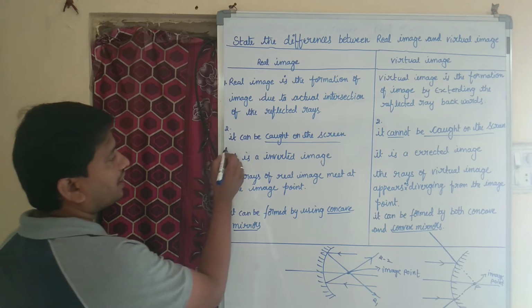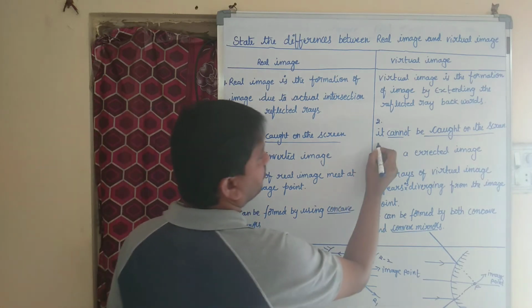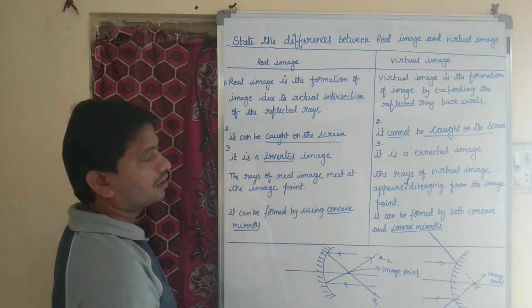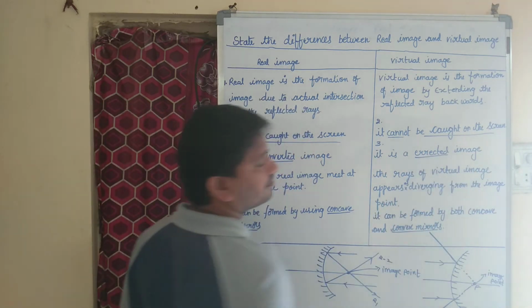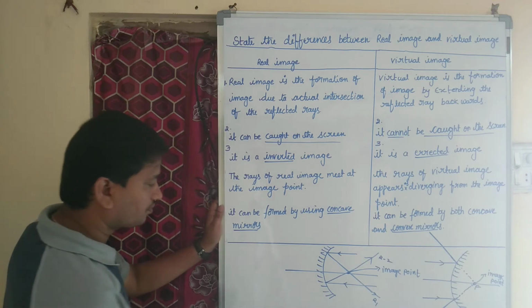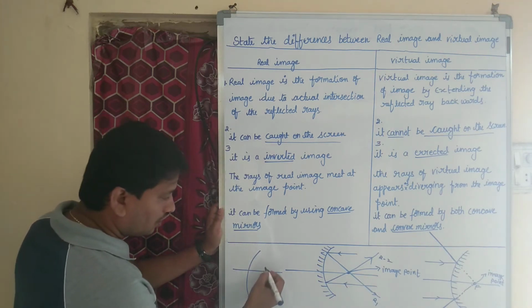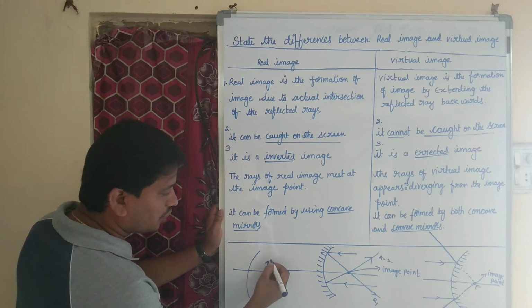Coming to the third point, real image is inverted, whereas virtual image is erect. What is the meaning of inverted image? What is the meaning of erect image? Inverted means, suppose this is our mirror and you place an object like this, object O dash.